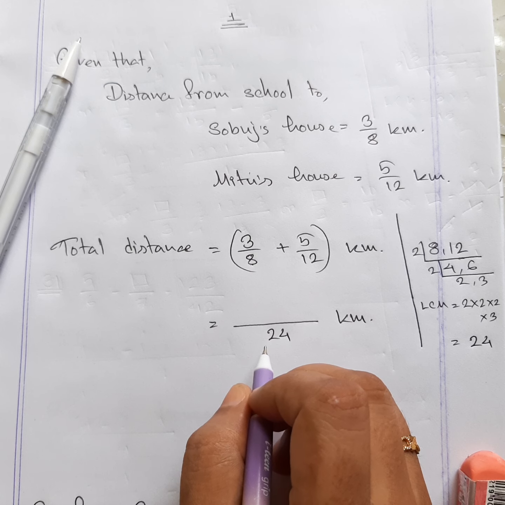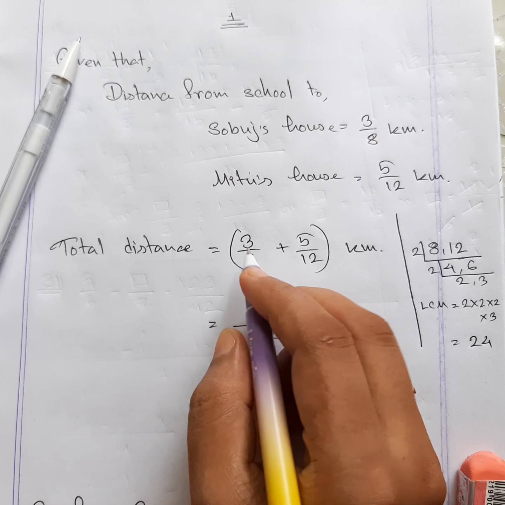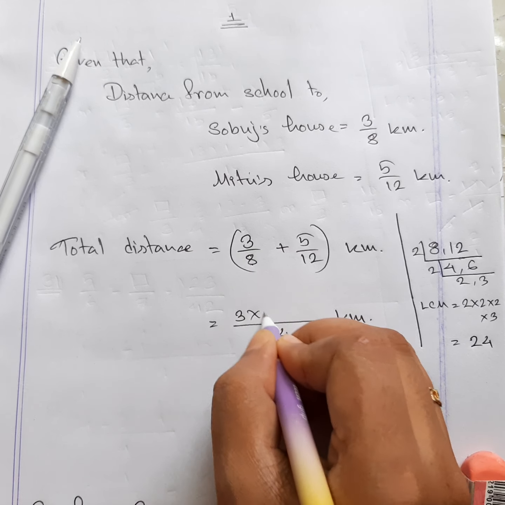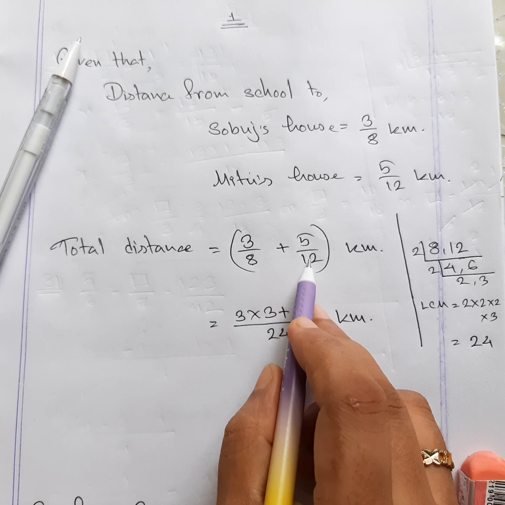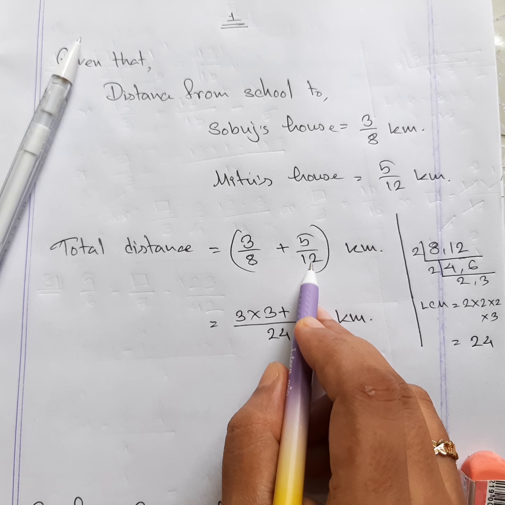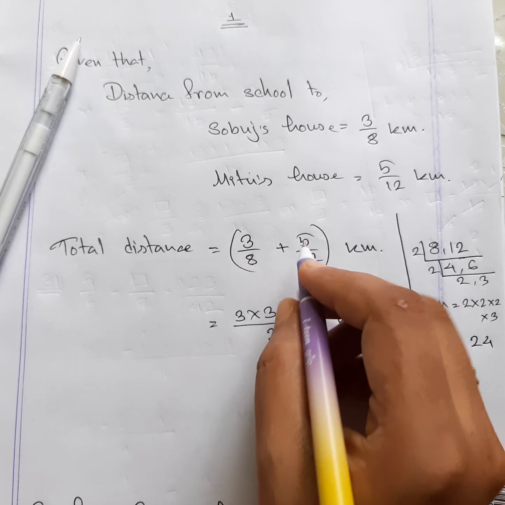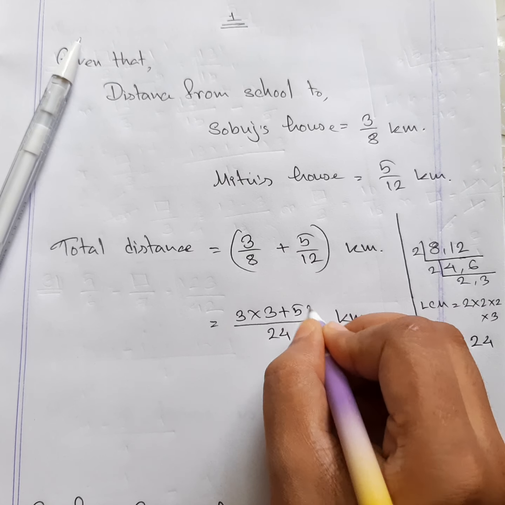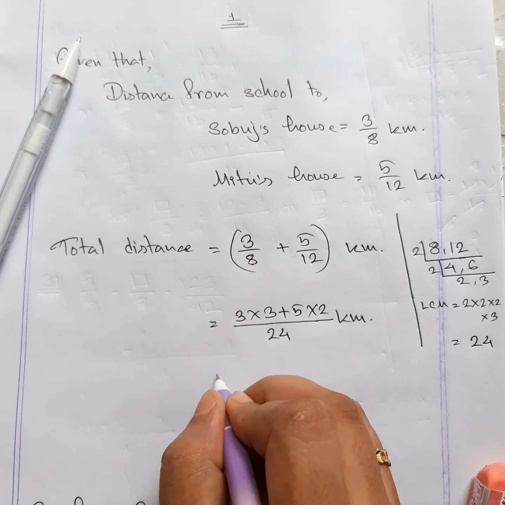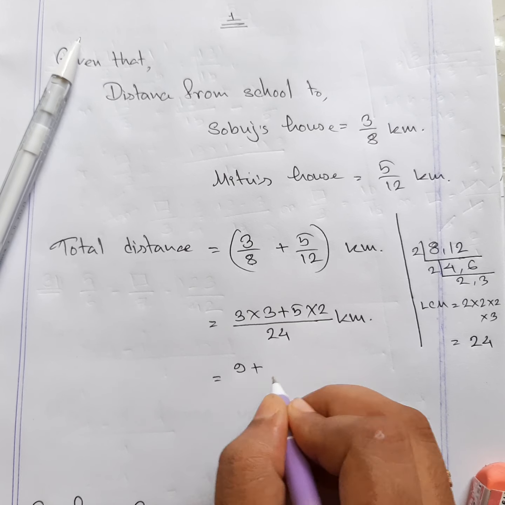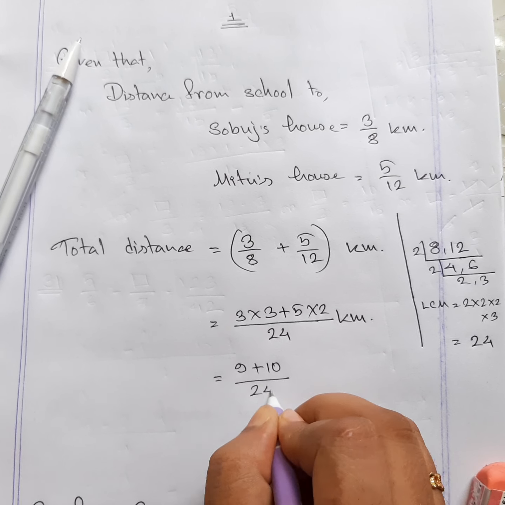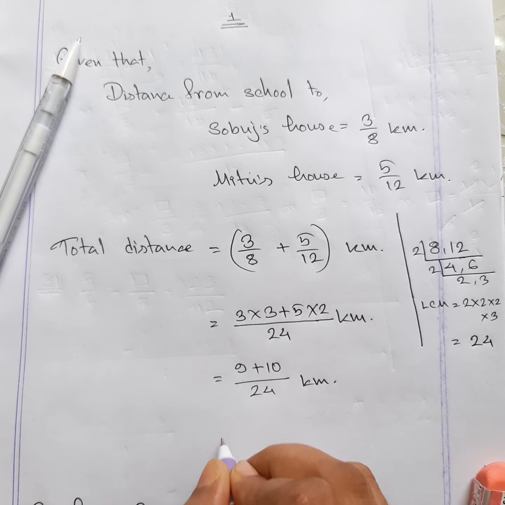So we multiply 3 with the first numerator, and divide the LCM with the second denominator 12, and the answer is 2. 2 is multiplied with the second numerator. So it is 3 threes are 9 plus 10, over 24 kilometer.